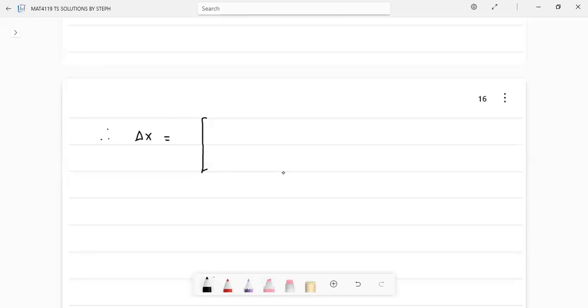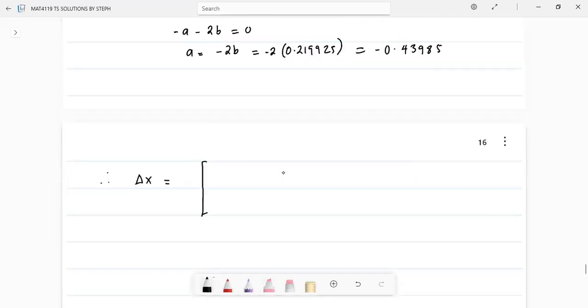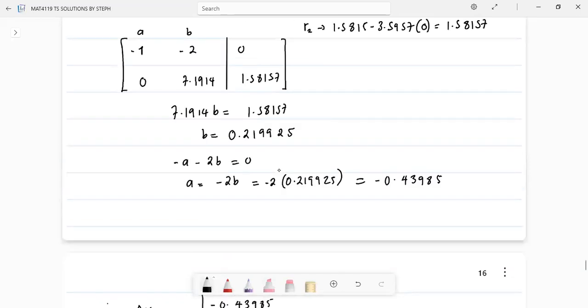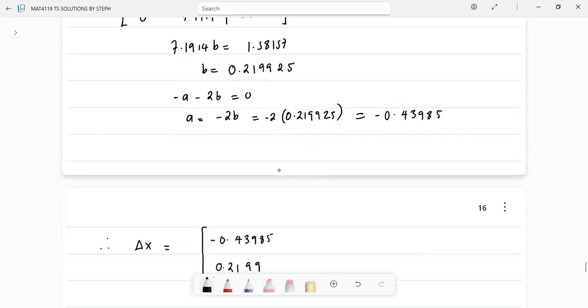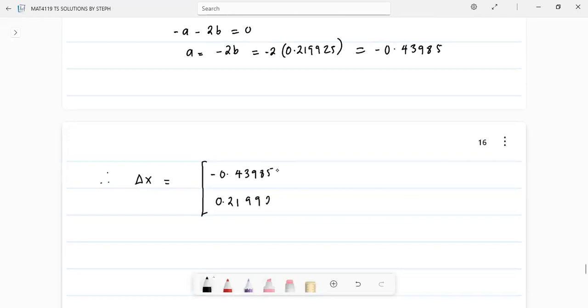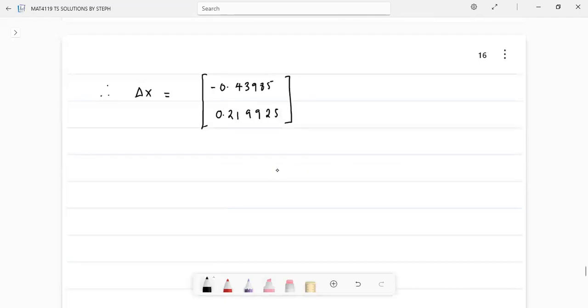So our A is -0.43985, and then our B is 0.219925. Now remember that we are using our delta X to find the next approximation, right?